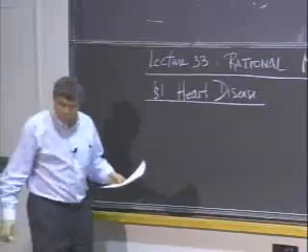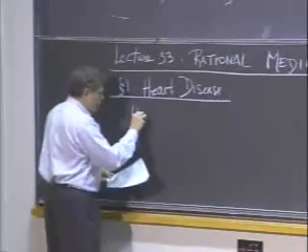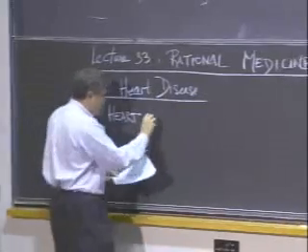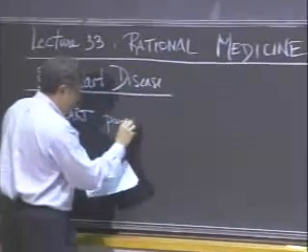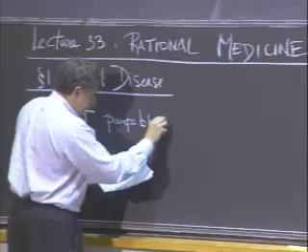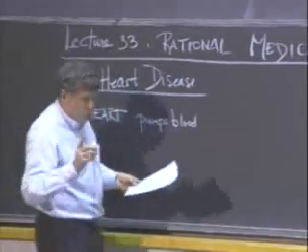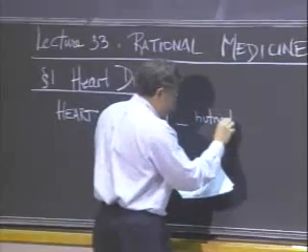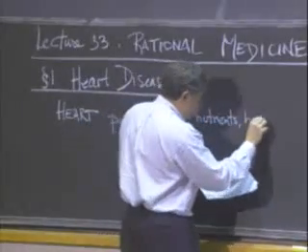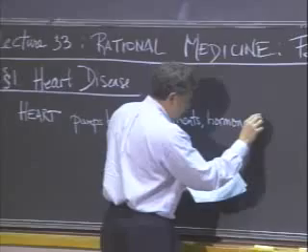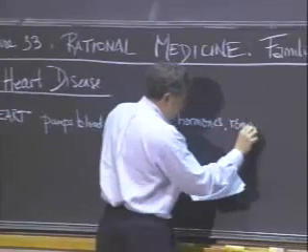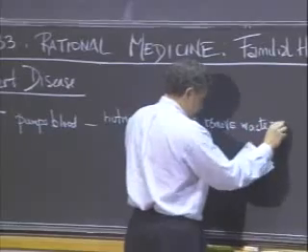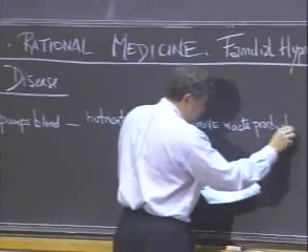The heart. That's obviously an important component of understanding heart disease. What's the heart do? The heart pumps blood to and from tissues, providing nutrients, hormones, removing waste products, and cells, for example.